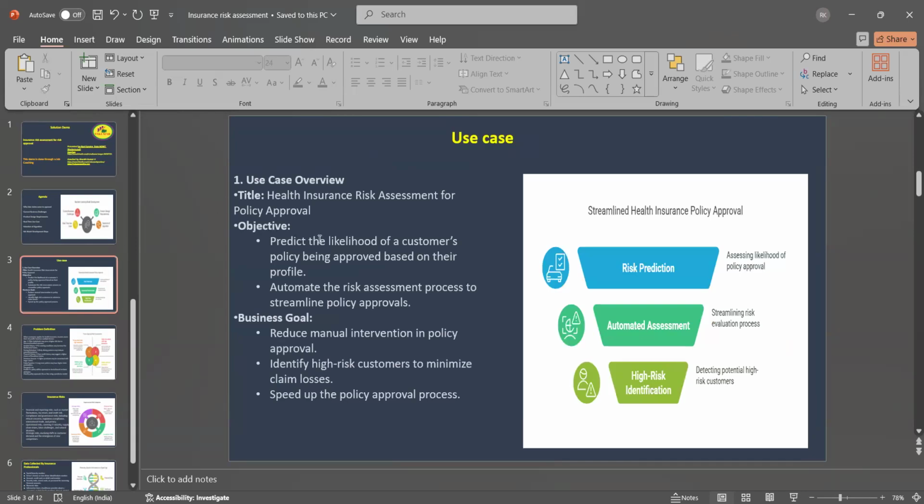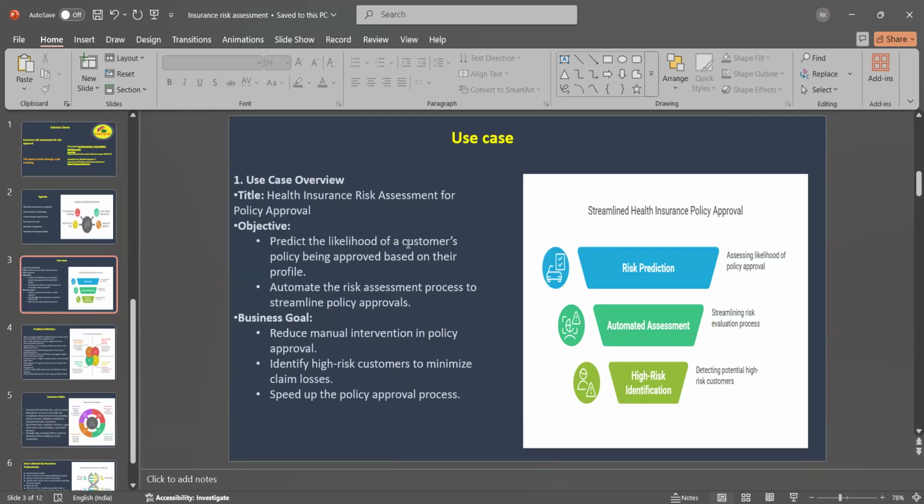My use case is health insurance assessment for policy approval. The objective is to predict the likelihood of a customer's policy being approved based on their profile, and to automate the risk assessment process to streamline policy approval.